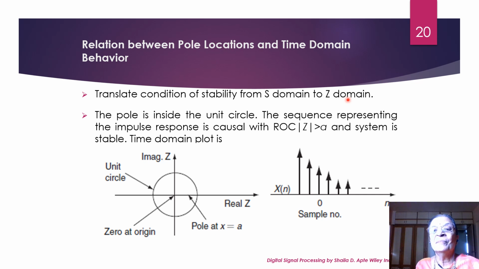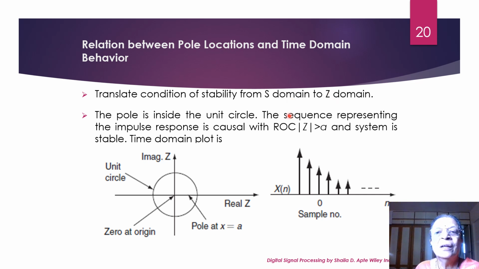Firstly, we know that in S domain, if the poles are on the left hand side of the imaginary axis, the system is stable, and if the poles are on the right hand side of the imaginary axis, the system is unstable. Now, in case of Z domain, the corresponding system will be stable if the poles lie within the unit circle in Z domain, and if the poles are lying outside the unit circle, then the system will be unstable.